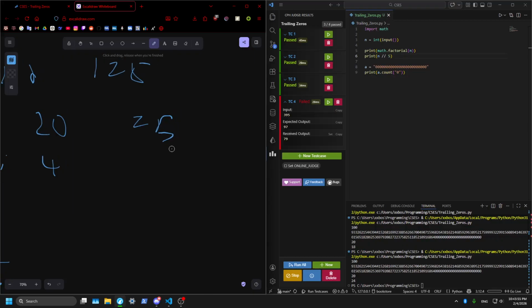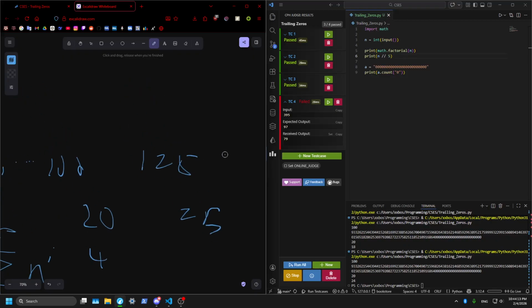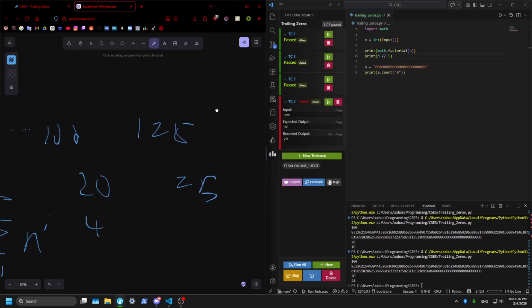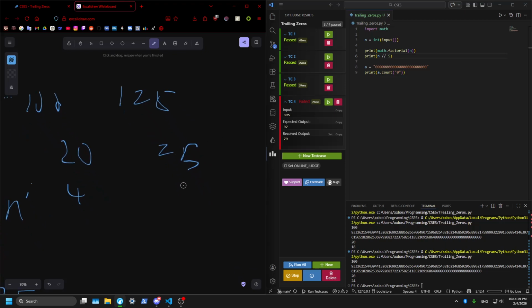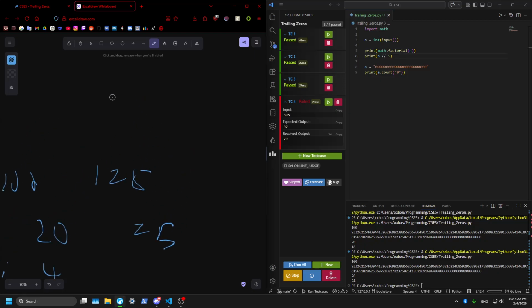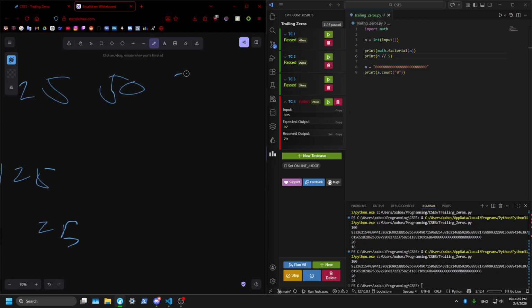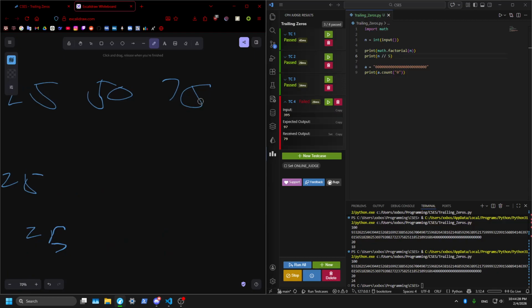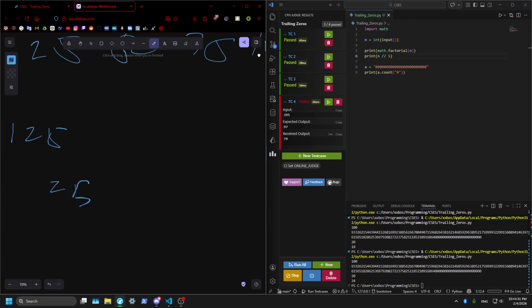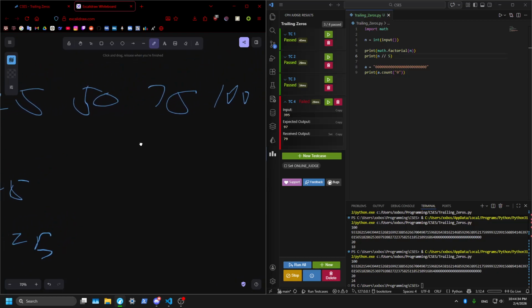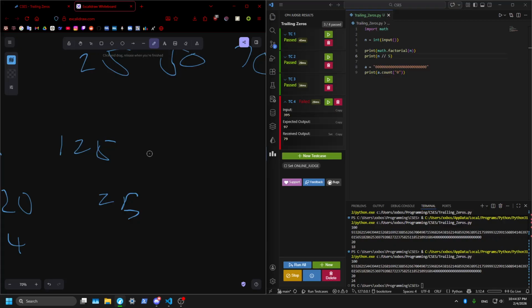Out of these 25 numbers, how many have at least two 5s in it? There are 2 5s: 25, 50, 75, 100. The others you just have 1 5.